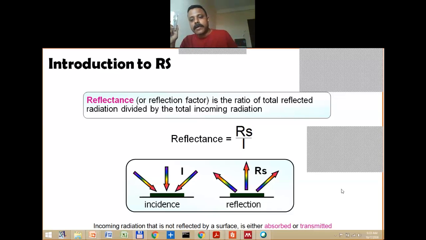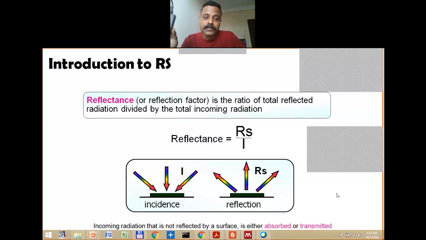So the amount of reflectance I will expect from this particular object will be different than the amount of reflectance I will expect from this particular object. In plain terms, if the object is able to absorb most of the incident energy, for example this particular object, and reflect very little.